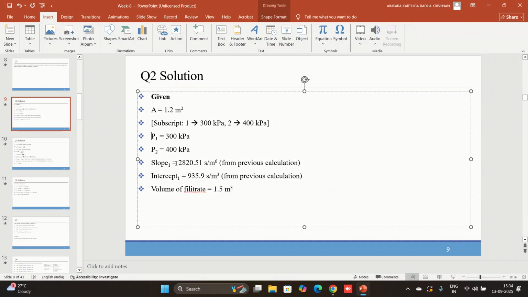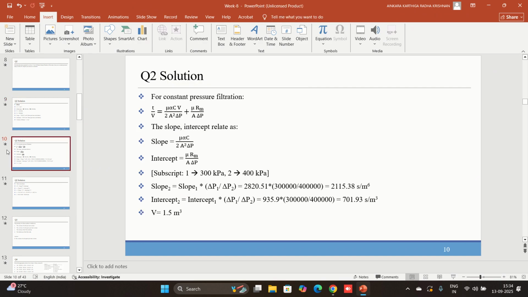Old slope is 2820.51 and old intercept is 935.9 seconds per meter cube, both of which we calculated from the previous condition. The volume of filtrate is 1.5 meter cube.